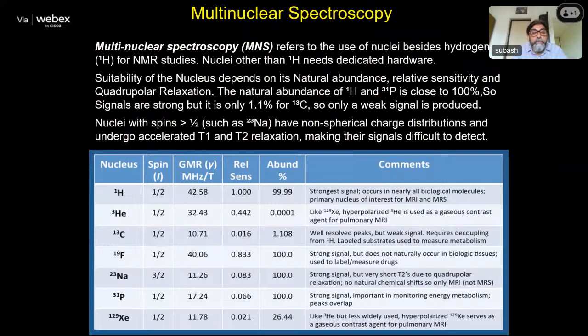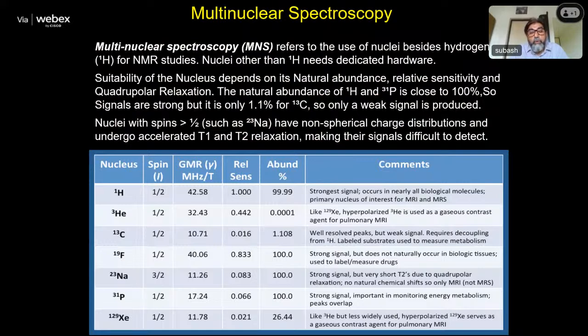And xenon-129 has a spin of 1/2, and it has an 11.78 megahertz per Tesla gyromagnetic ratio. If you do hyperpolarized xenon, you can actually make people inhale hyperpolarized xenon, and this will enable MRI of the lungs, which is not possible otherwise, because the lung is essentially an air space.